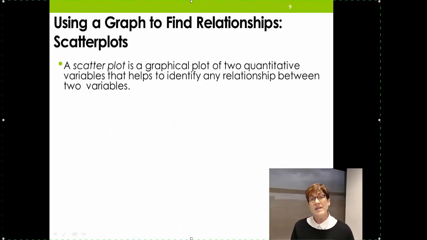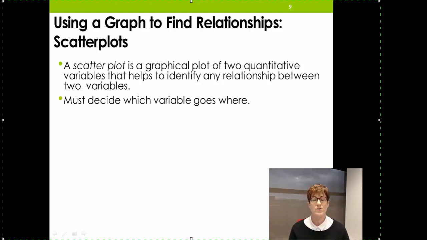Now, we'll begin by looking at how we use a graph to identify relationships between variables. We call those a scatter plot, and you're already familiar with how to produce a scatter plot, so just a brief background on that. A scatter plot is a graphical plot of two quantitative variables that helps to identify any relationship between two variables.